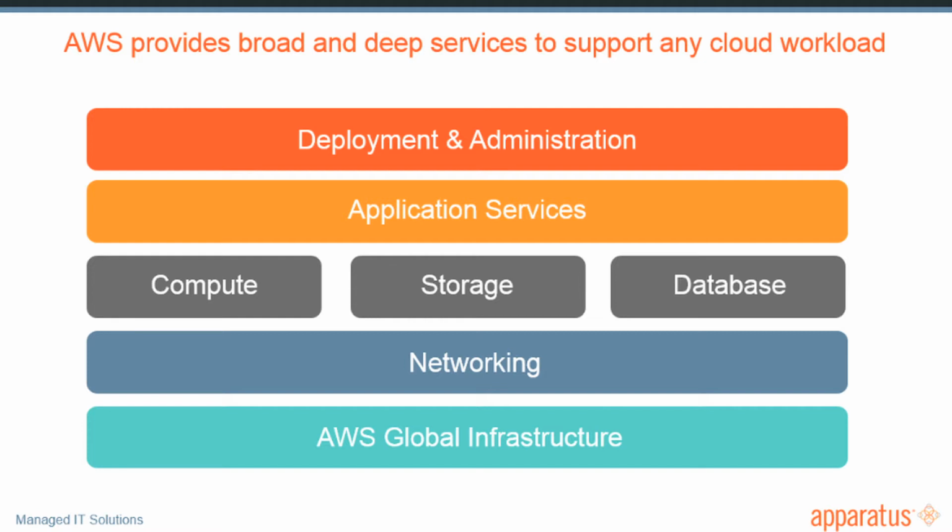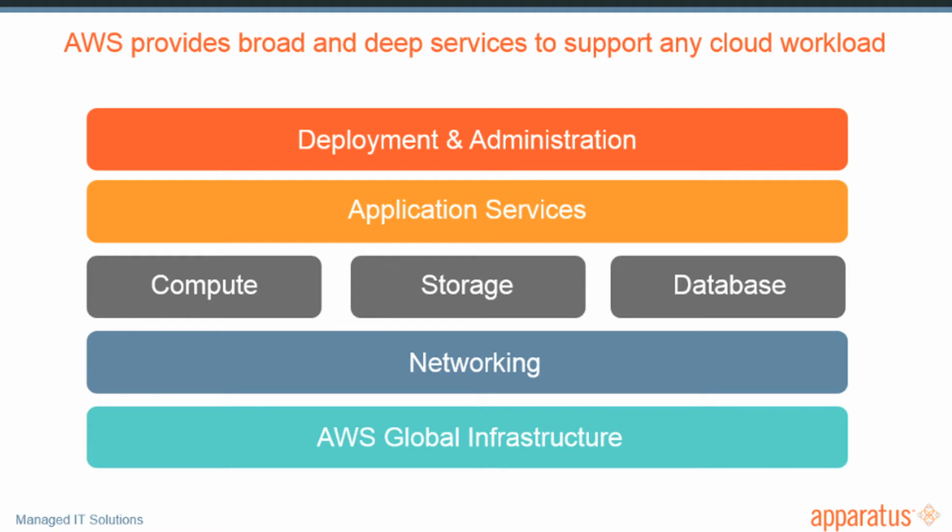You can connect to AWS resources through a typical VPN over the internet. You can connect to them directly over the internet, or they offer a service called Direct Connect, where you can actually have a direct network connection straight into an AWS data center for really fast, low latency connections.